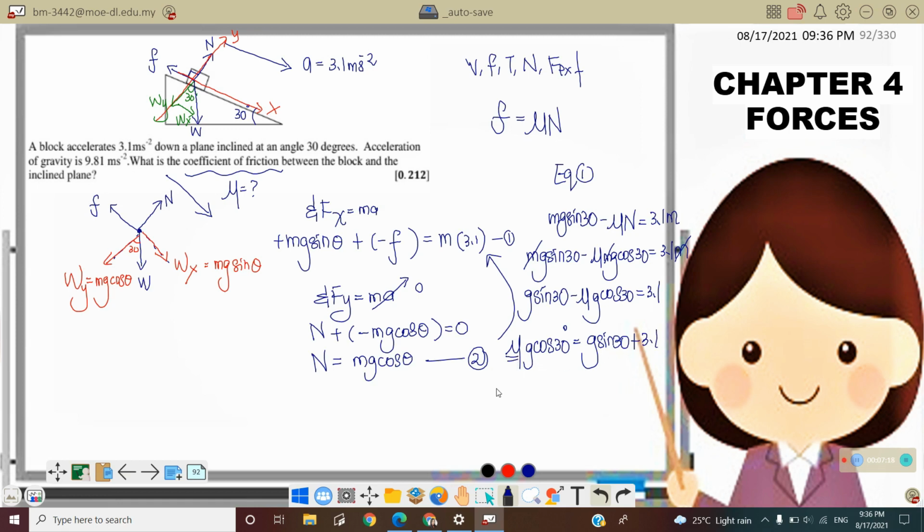Since we want only mu, we take mu as the subject. With g equal to 9.81, mu equals (9.81 sine 30 minus 3.1) over 9.81 cos 30. If you press the calculator, you should get 0.212. The coefficient of friction has no unit, so you don't need to write a unit.